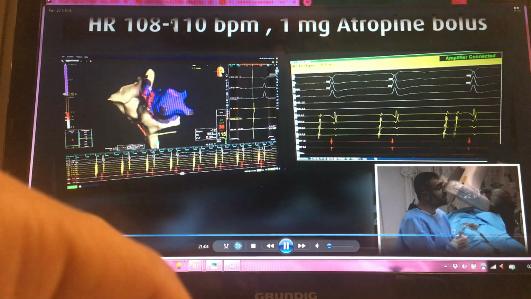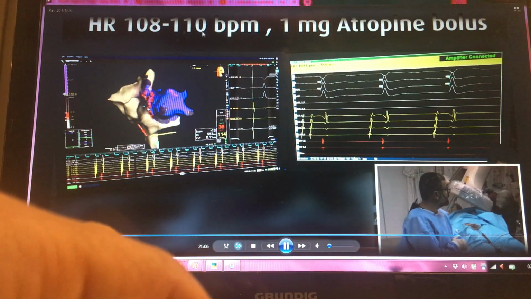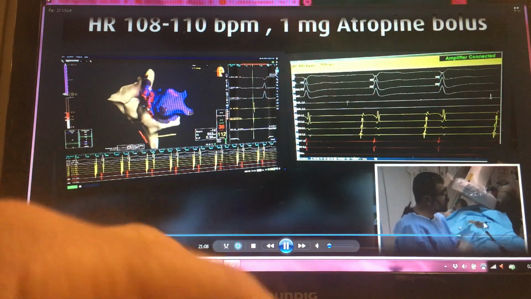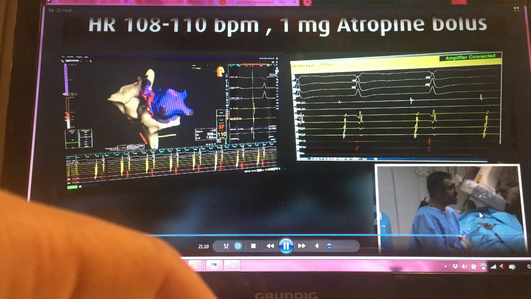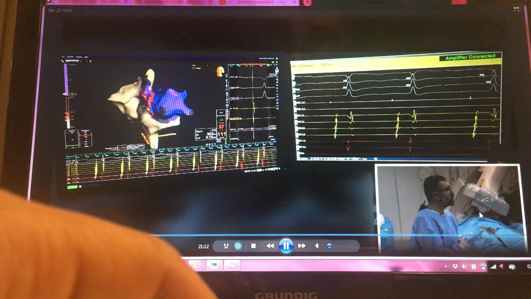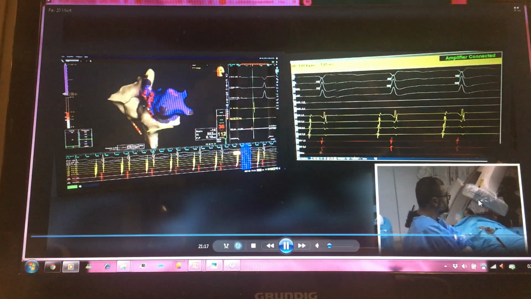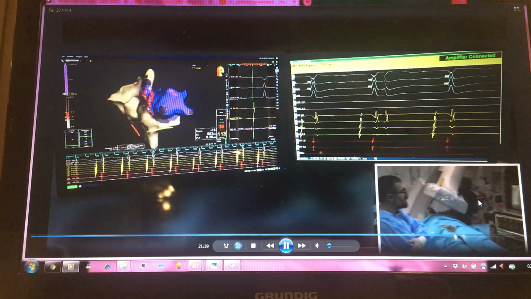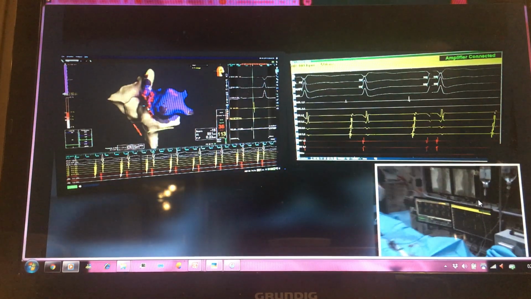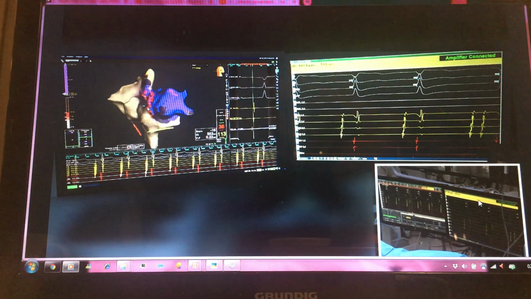Heart rate is 110 BPM. Yes. Now atropine was administered. The first atropine bolus, and we will check the heart rate and atropine response.